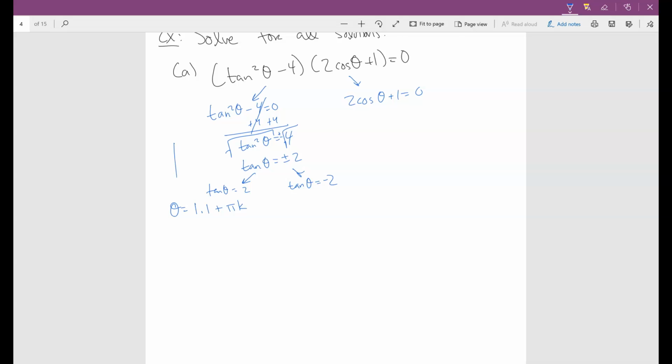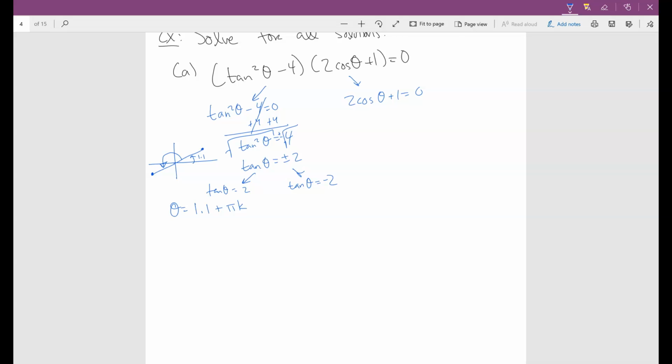Now remember that tangent is positive in the first quadrant. Let's say this is 1.1. So this is the angle 1.1. Remember that tangent is also positive on the other side, which is going to be this guy right here. So adding pi will give you the other angle.